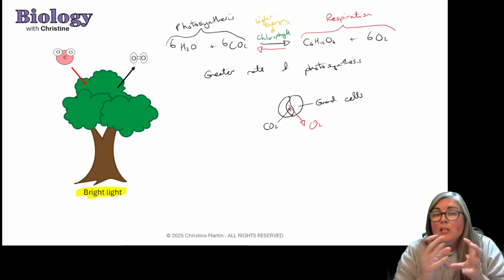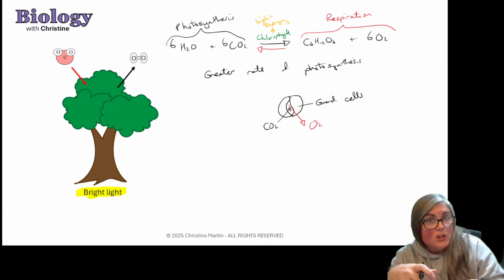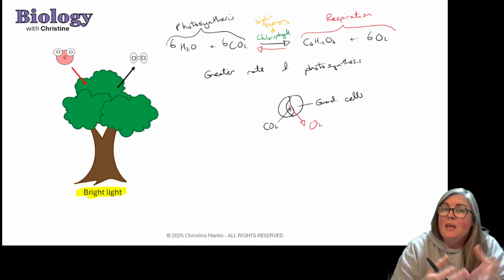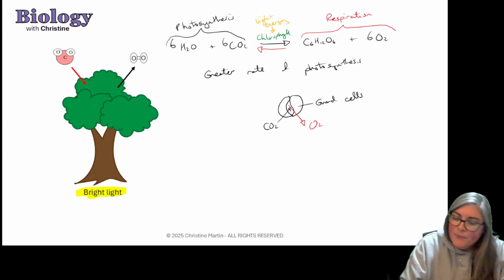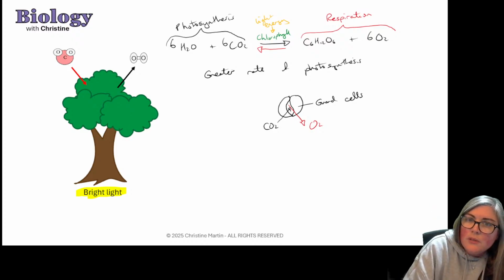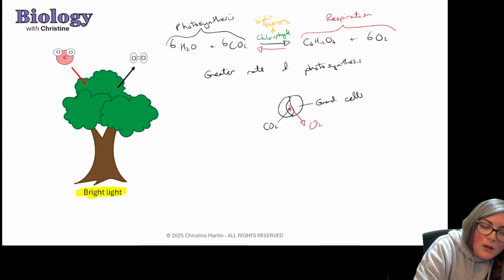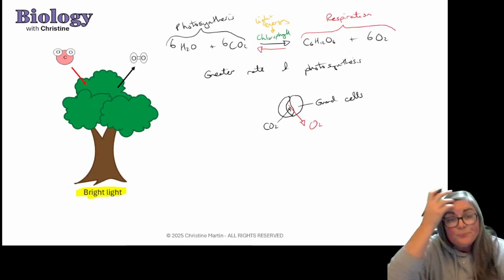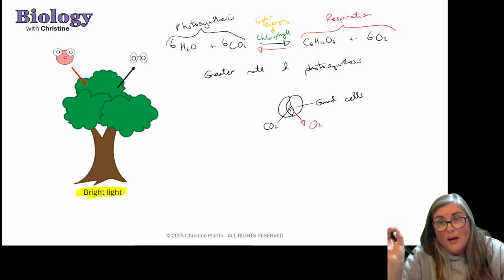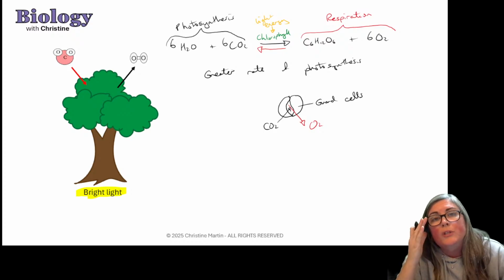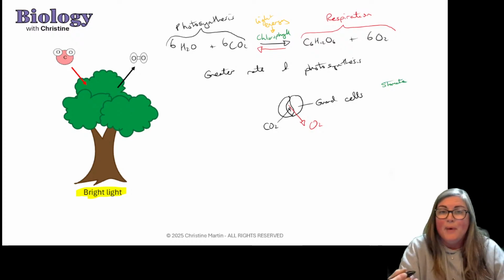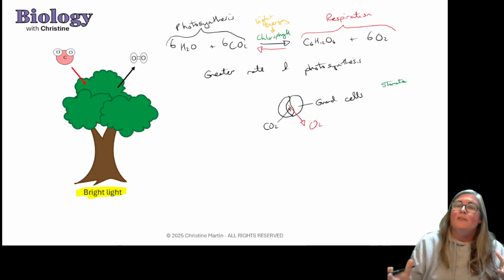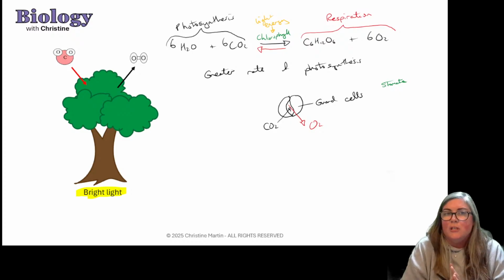So if oxygen is being used in respiration, there won't be excess oxygen to leave through the stomata. So it's important to note that when you are looking at biology, and if you're aiming for that high grade, if you're aiming up towards the 9, you should know keywords like the stomata, the guard cell, the fact that this is gas exchange that's occurring.